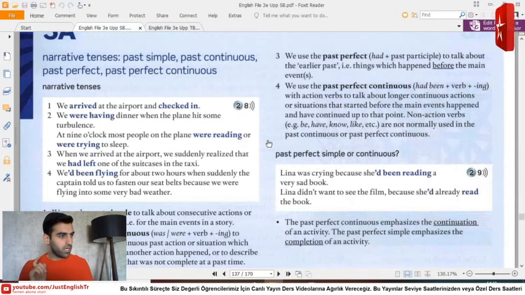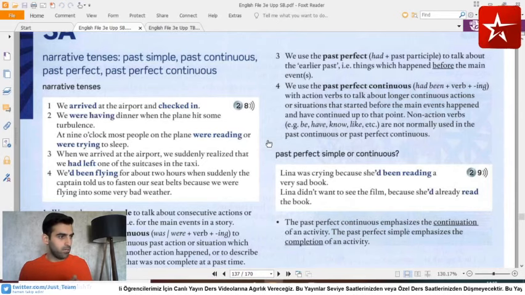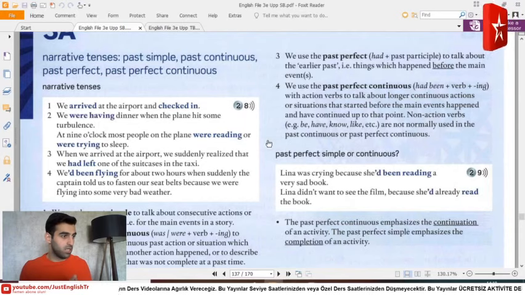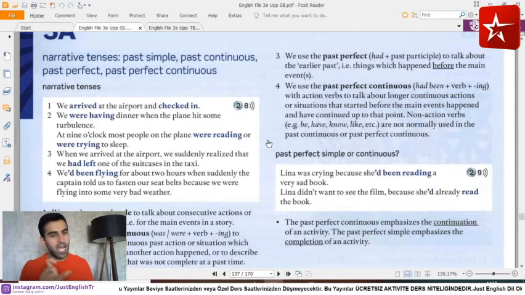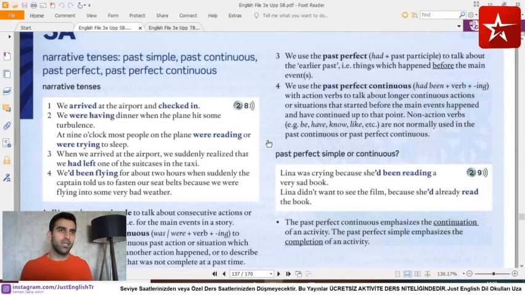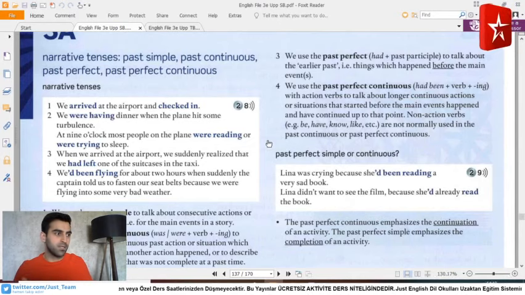Irina left a comment here: we arrived at the airport and checked in. When you're arriving is the first action, so it might be we had arrived and checked in. Yes, but pay attention to the grammar. These actions happened in order, right? Firstly this thing happened, and a few minutes later the second started and finished.